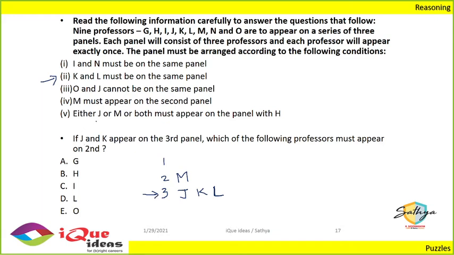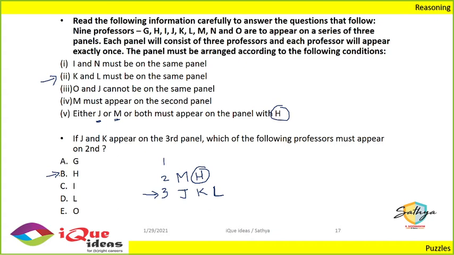And either J or M must appear with H. Now J has no place on his panel, right? So H must appear on the panel with M. So second panel में कौन सा प्रोफेसर का होना ज़रूरी है? The professor H must be on the second panel.